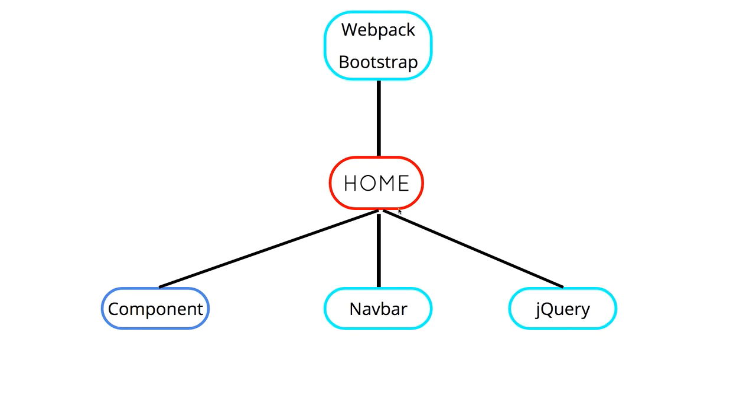So next in red here, I have my home page, right? So this will be my entry point, and the home page has these three dependencies. One is we're just calling it a component module, which is just its own internal dependency. And here in the green, we have the navbar component, which is a shared component.